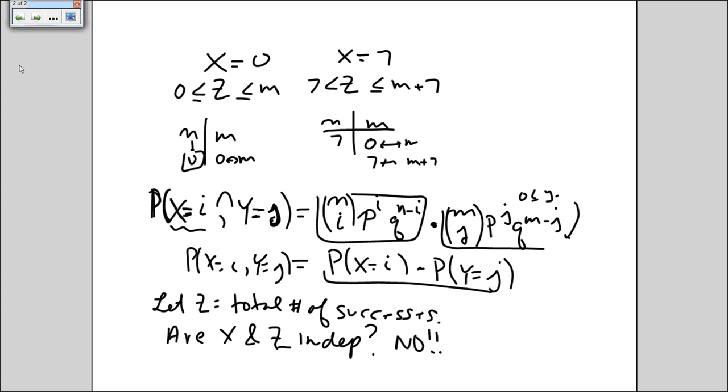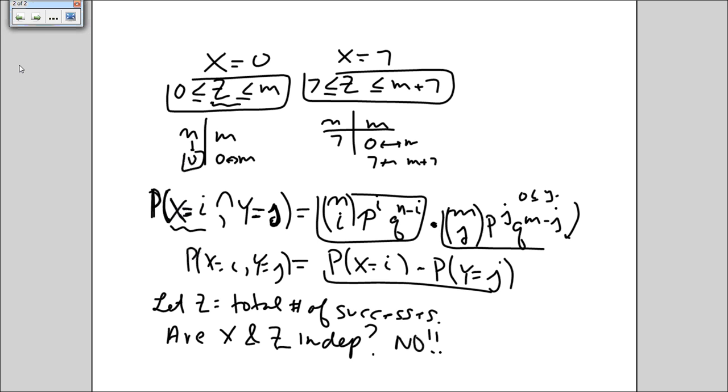So we learned something about Z. If X is 0, Z must be 0 or more. If X is 7, then Z is 7 or more. You can argue, so we learned something. Different X's affect Z's.